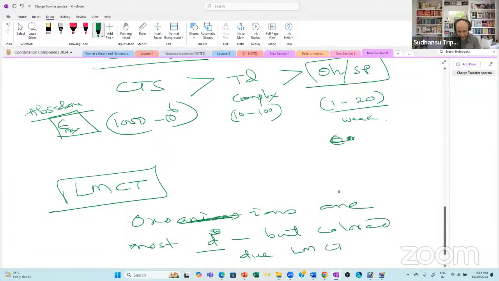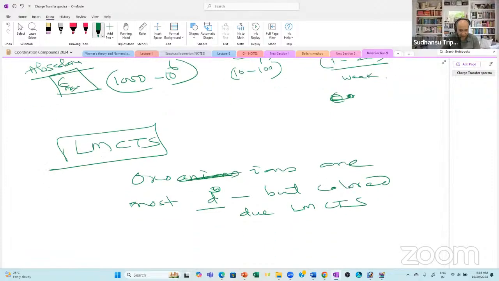LMCT, ligand to metal. For example, permanganate is purple. Supposing you are asked a question, the purple color of permanganate is due to A, DD transition, B, and of course, if details are given, MLCT, LMCT, so it will be LMCT.